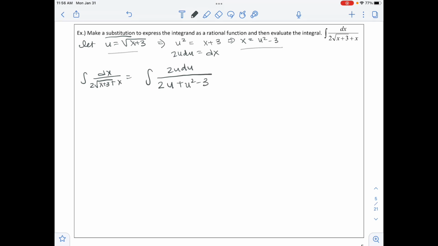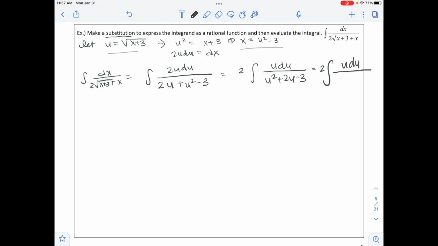So from here, I can go ahead and reorder my denominator so you can see that it is similar to what we've been doing before. I can pull the 2 out in front also, but we have u du over u squared plus 2u minus 3. And this does factor, so we have u du.